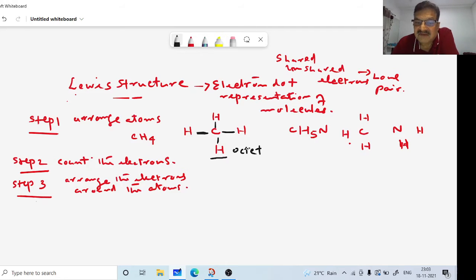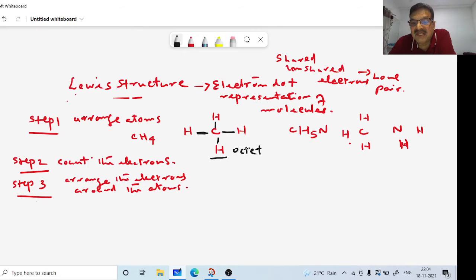Even after doing this, if remaining electrons are there, they should be used for filling the octet with lone pairs. I will show you some examples, then you will understand. Now, even after using all the valence electrons, an atom may not have an octet.